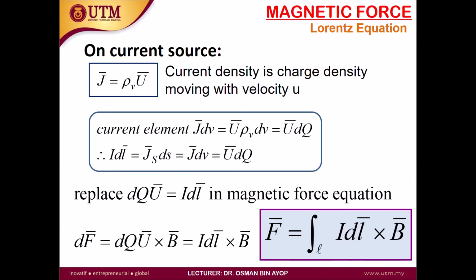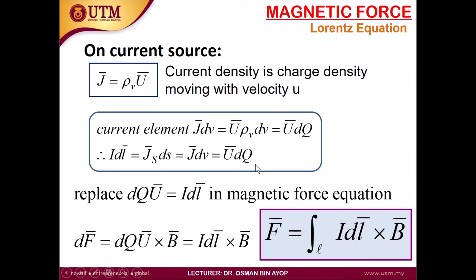And you know that rho V dV is equal to dq. So the conclusion is I dl is equal to Js ds equal to J dV equal to U dq.